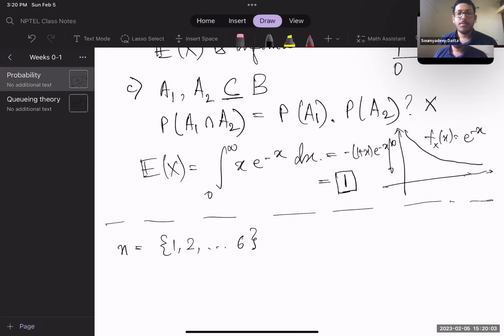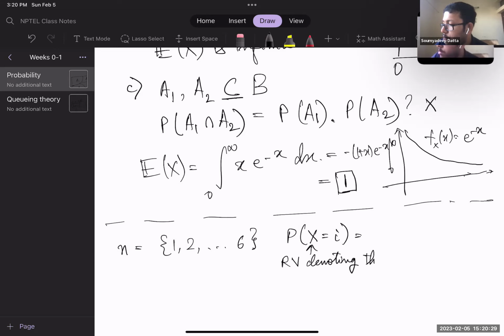And you are given that this is not a fair dice, there is some kind of unfair loading, etc. You are given the probability that you get the number i, where x is the random variable denoting the number on the face of the die.